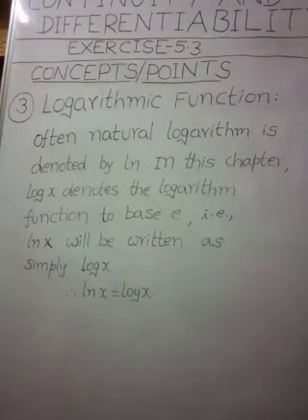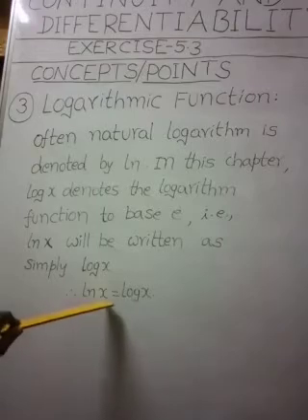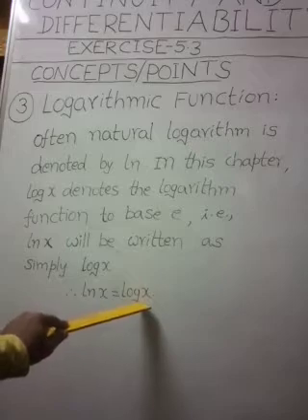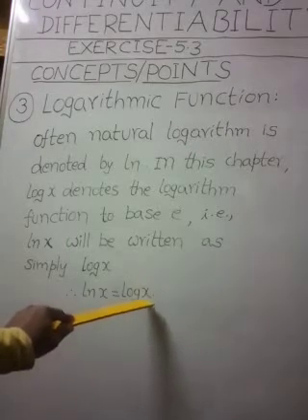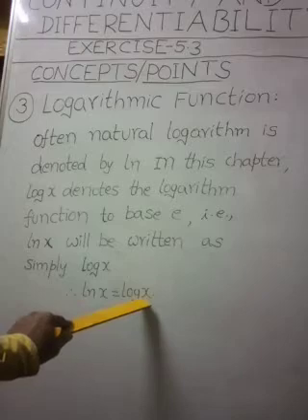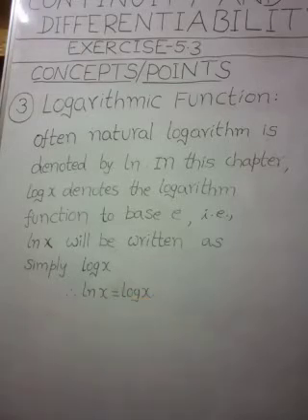Therefore, ln x equals log x only. What is the base here for this logarithmic function? e. Here no base is given, which means the base of this logarithmic function is e only. Remember this point.